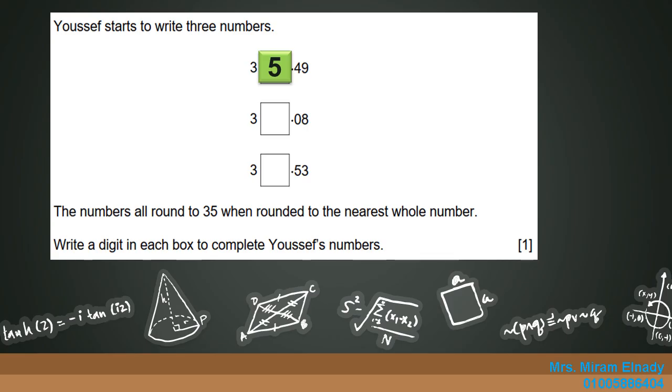When we round it, it will round down, so it also will be 5. The last one, 0.5. 5 is a strong number, so it will round up. So I cannot put 5 here. If I put a 5, it would be 36. No, we will make it 34.53.